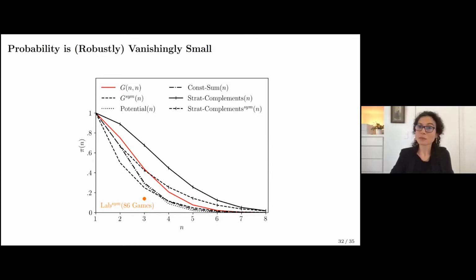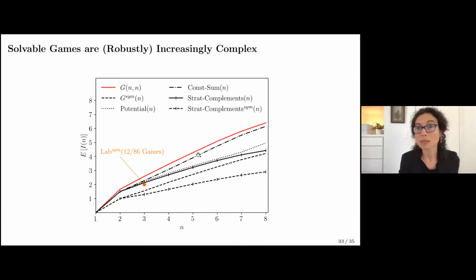Now, if you look at the number of iterations, our games are a little bit more complicated than these other classes of games. Nonetheless, again, as long as there is significant probability of dominant solvability, so that's why we're restricting attention to n smaller than 8 here, the number of iterations required is basically above 2 for all of these classes of games. So these games become complicated from a practical perspective pretty quickly across the board, across these different varieties.